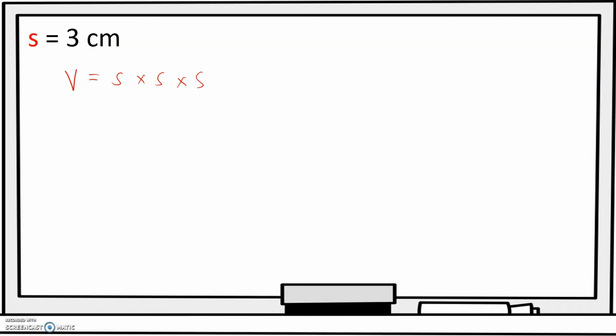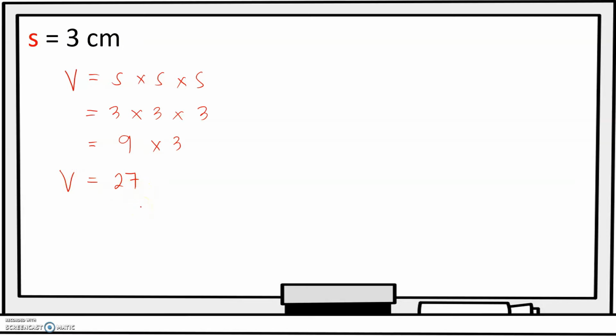So we'll substitute that in our formula. So we will have 3 times 3 times 3. Now 3 times 3 is 9. Times another 3, that will give us 27. Therefore, the volume is 27.